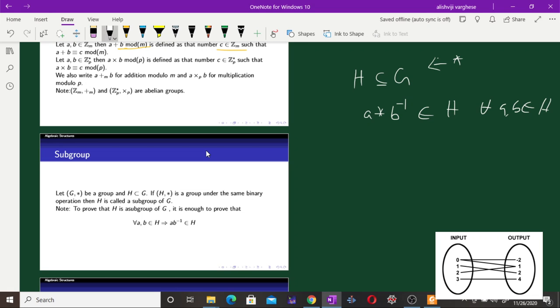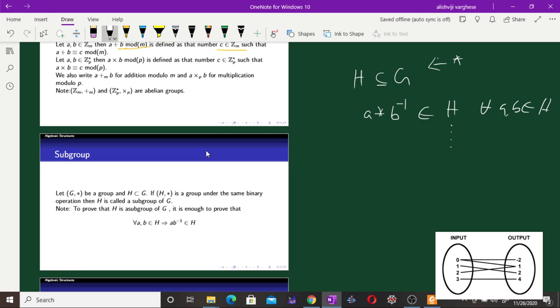We can also establish all four conditions of a group: closed, associative, existence of identity, existence of inverse. If we prove all those four conditions, then H becomes a subgroup.